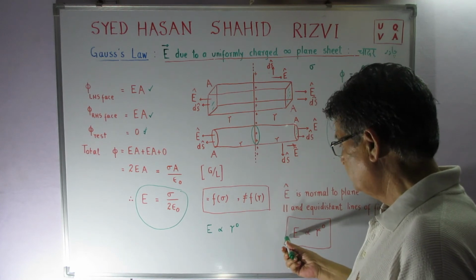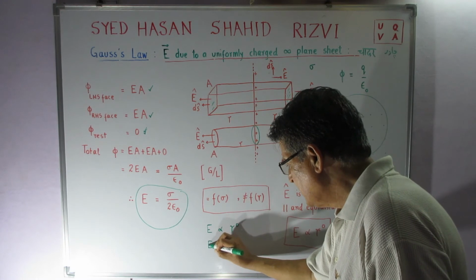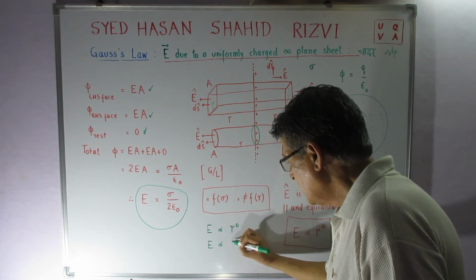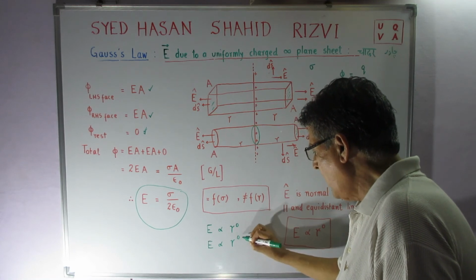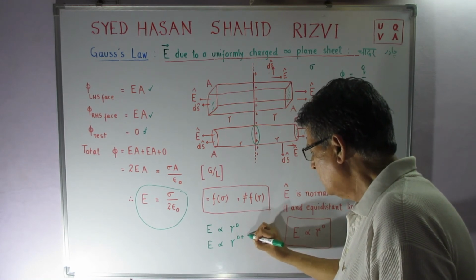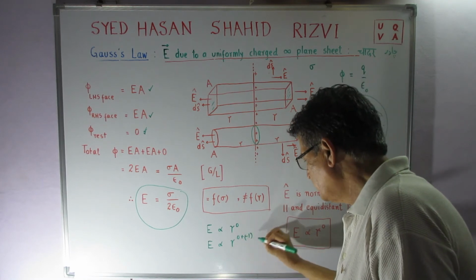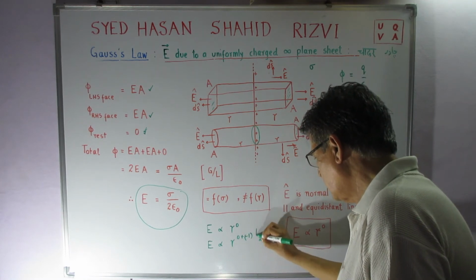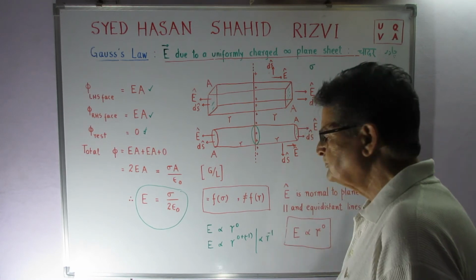In the last case, E is proportional to R raised to the power of 0 plus minus 1, which is proportional to R raised to the power of minus 1.